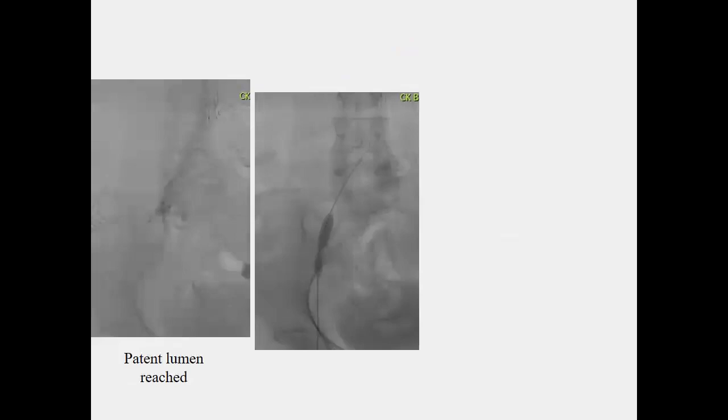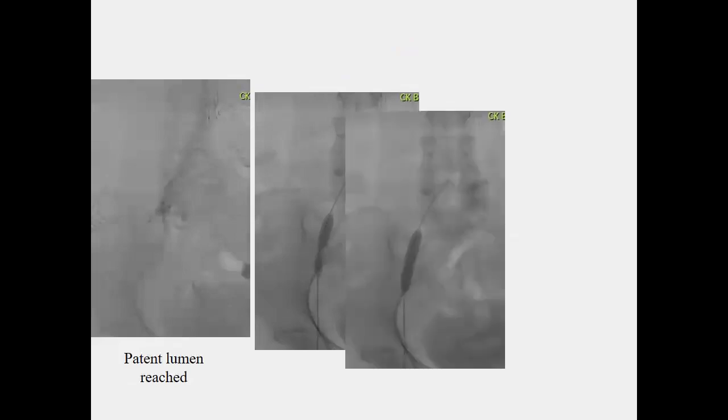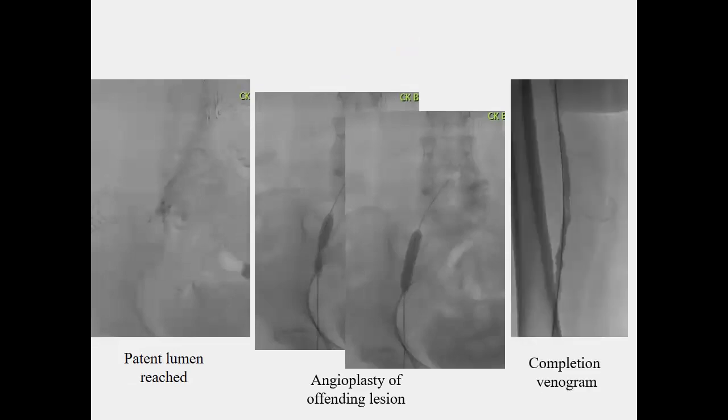We dilated the stenosis and the final check angiogram revealed substantial flow established in that thrombosed vein, with very minimal clot burden showing as a filling defect. So this is catheter-directed thrombolysis.